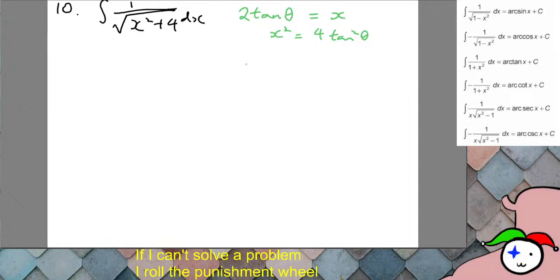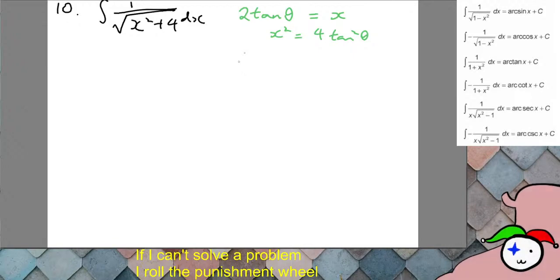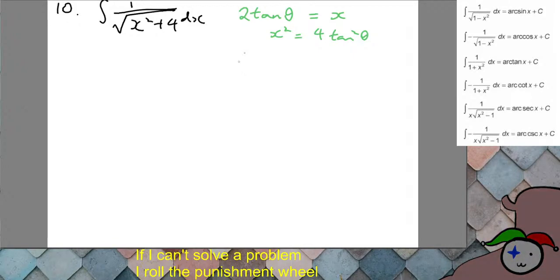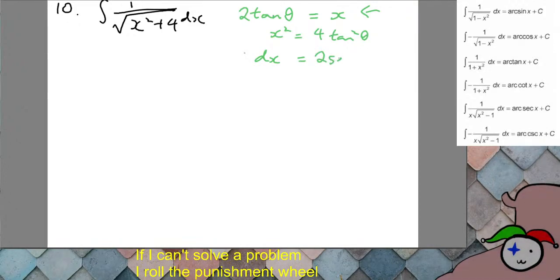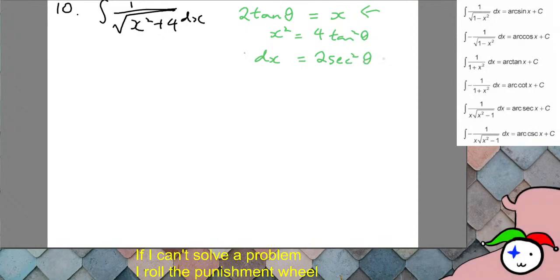So in this case, you also want to take the integral, which would be, well, we don't have to do it on the x square here, we can just do it on this. So dx is 2 times the secant squared of theta d theta.